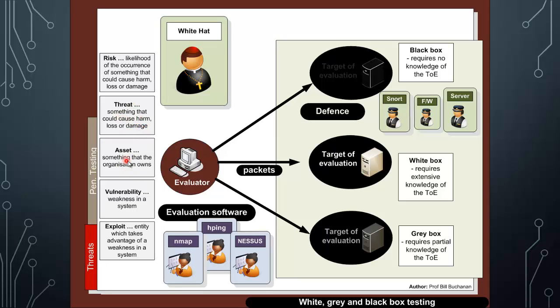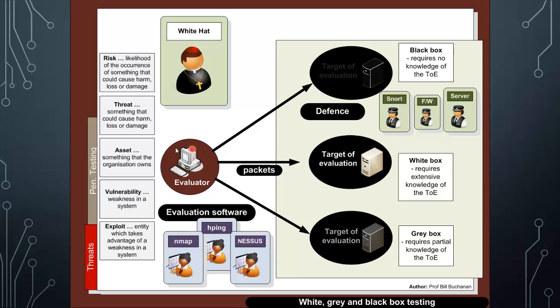An asset is something that the organization owns. Vulnerability is a weakness in the system, and an exploit is an entity which takes advantage of a weakness in a system. So with this in mind, these are the key elements that we would use to be able to create our pen testing strategy.